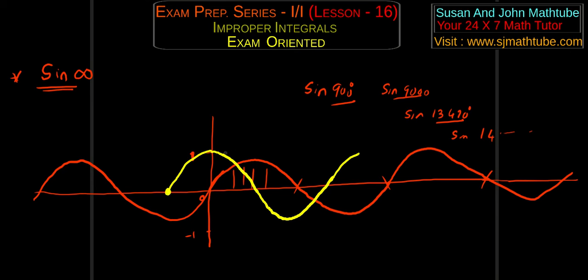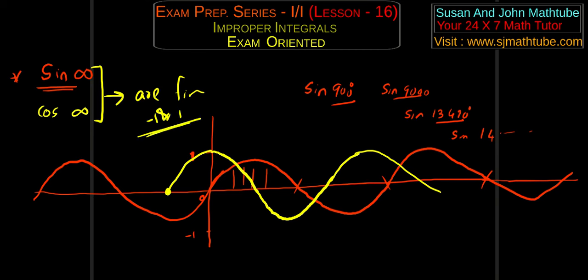You push the graph of cos x forward and you'll see the exact replica of sin x. So basically sine infinity and cos infinity are finite numbers which lie between minus 1 and 1.